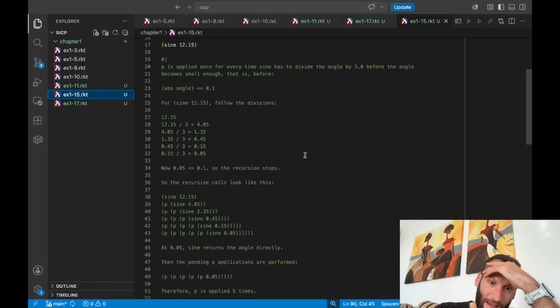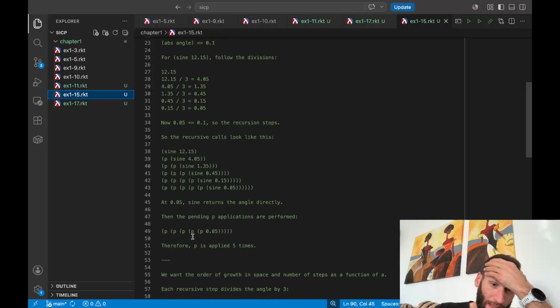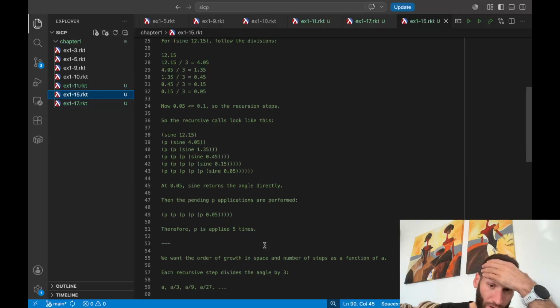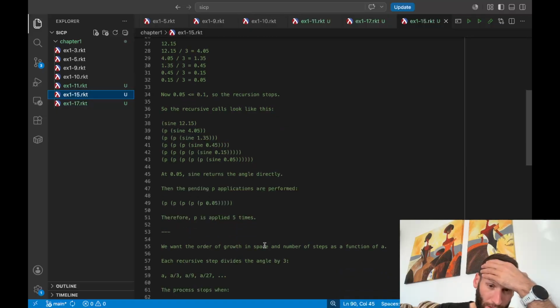So basically the recursive calls look like this, and P, as you can see, is applied 5 times. So the first question is answered, and the answer is 5.